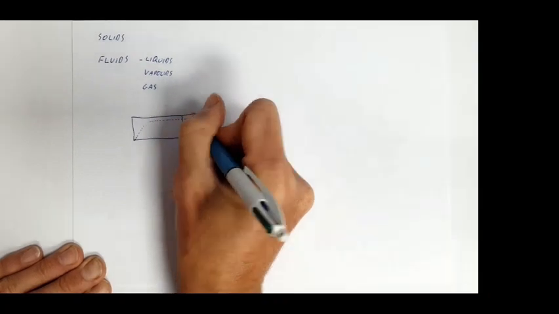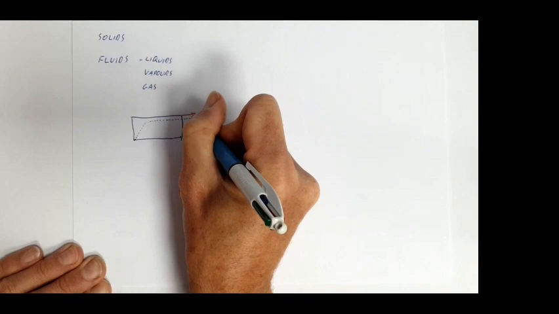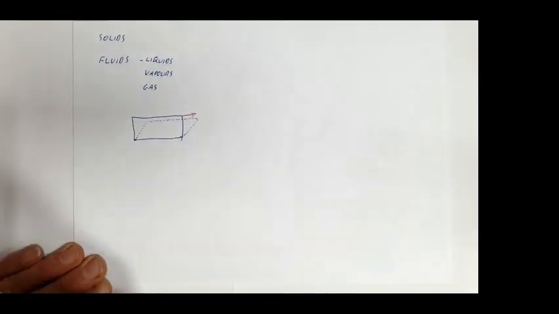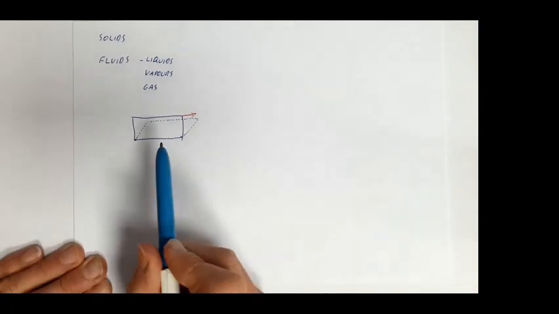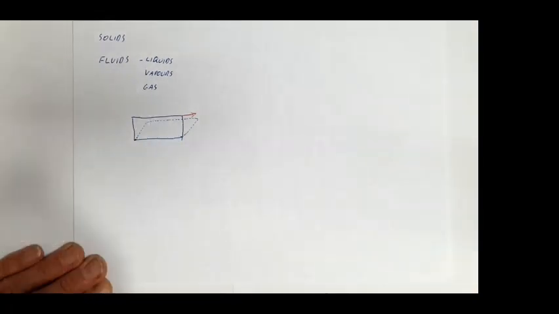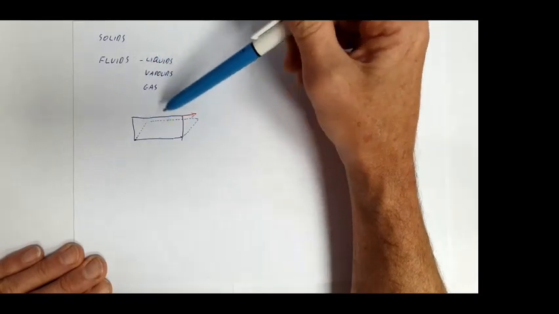So when we talk about materials, mechanics of materials type stuff, we talk about shearing forces, shearing stresses, and so on. However, when we're talking about fluids, our fluids do not resist that shear. Our fluids will deform continuously under that shearing force, i.e. it will flow.